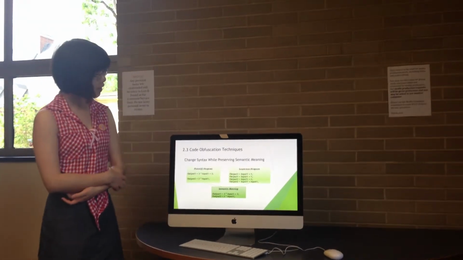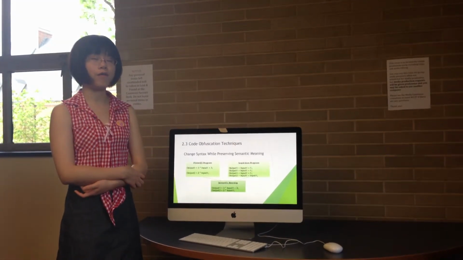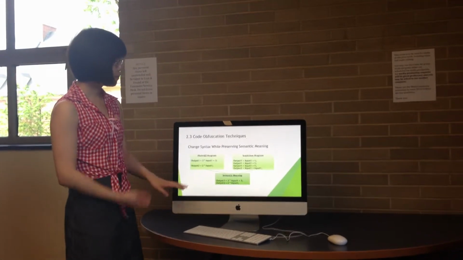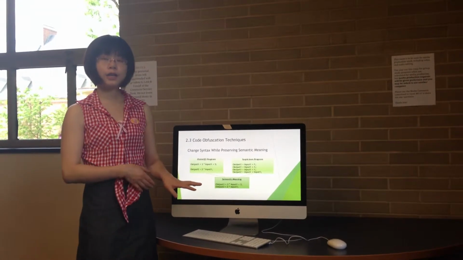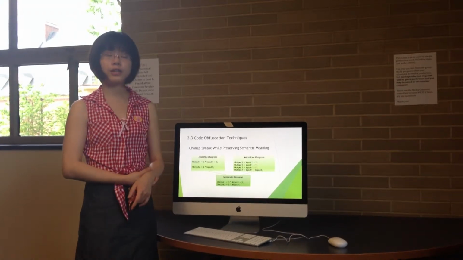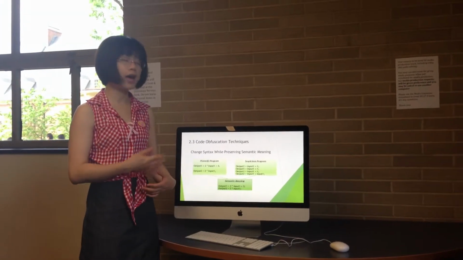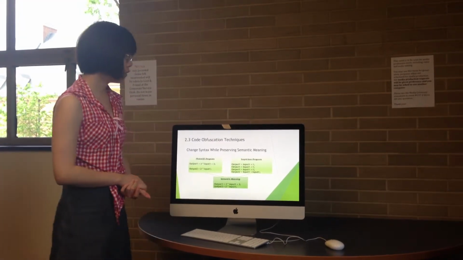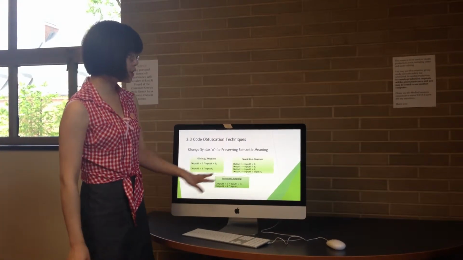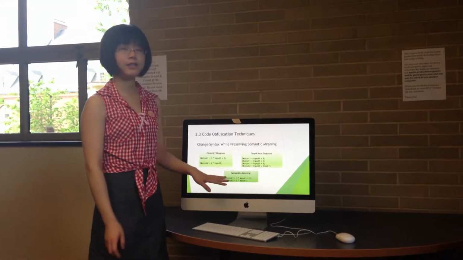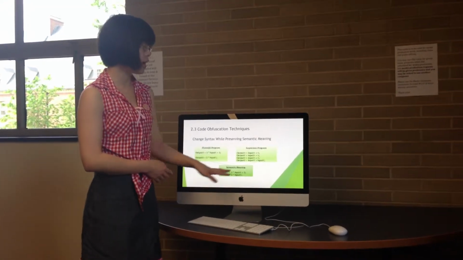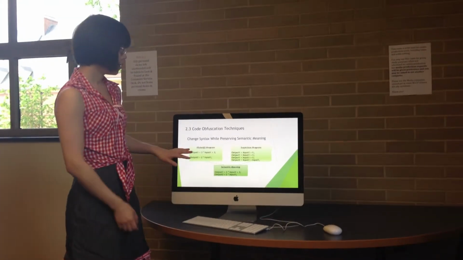And the last challenge is because of the code obfuscation techniques. Here, the code obfuscation techniques can change the syntax, but they can't change the semantic meaning of the two programs. This picture shows one slide of the plentiful code and the suspicious code.